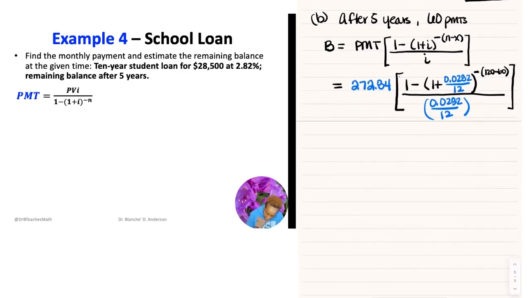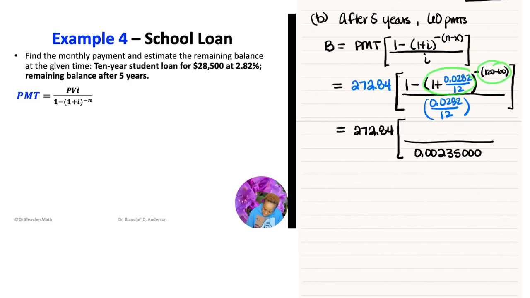So now let's just do the math. 272.84. When I did the denominator, I got 0.00235123. The numerator, of course you can do that part first or second.